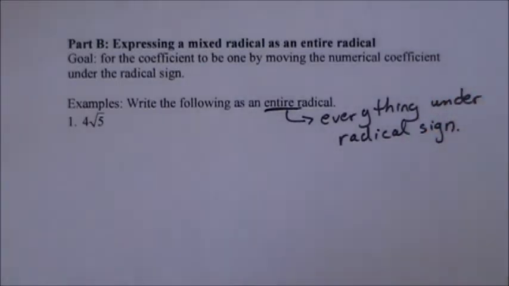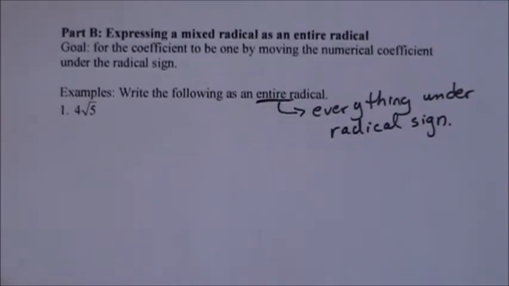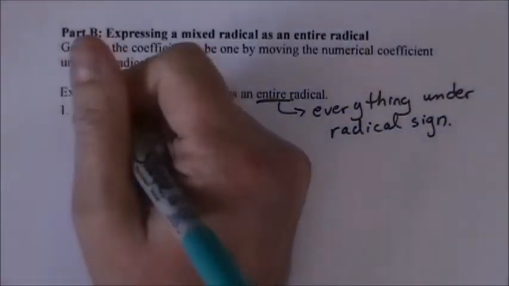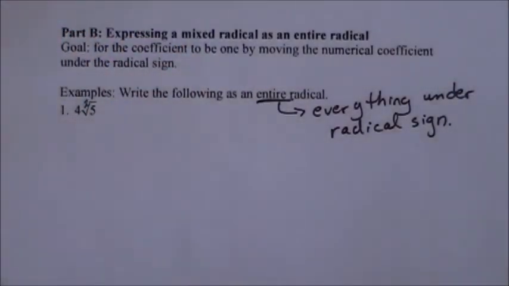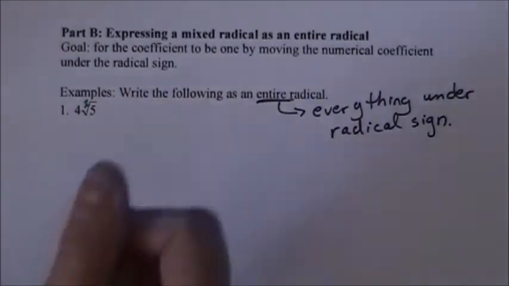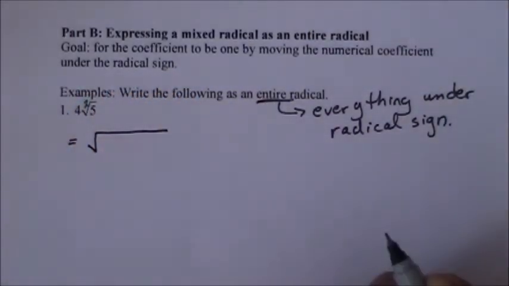Okay. So no coefficient. As we go to look at this, everything's going to be underneath our radical sign. So our first one is 4 square root 5. If we look at it, we have an index of 2, which means when that 4 moved out, we had to have a circled group of 2 of them. So we're going to write our radical sign.